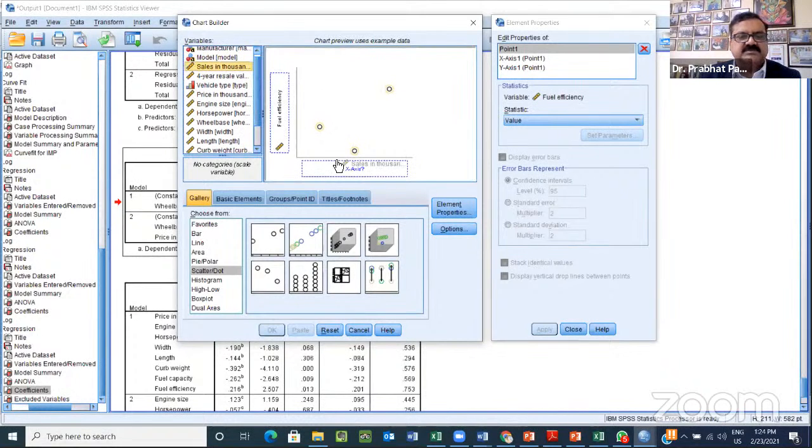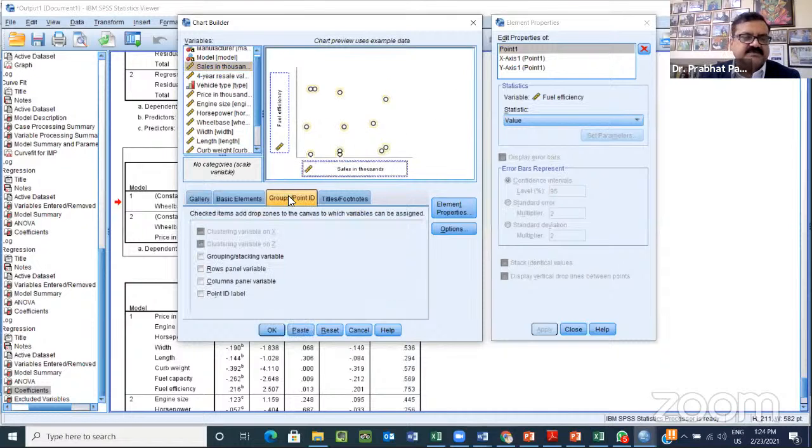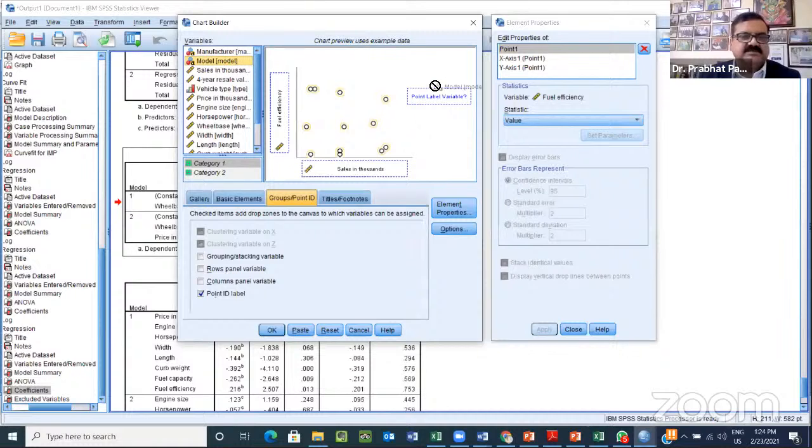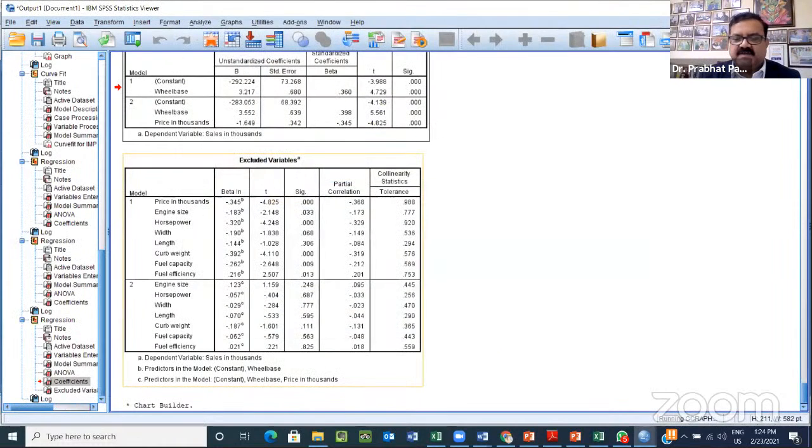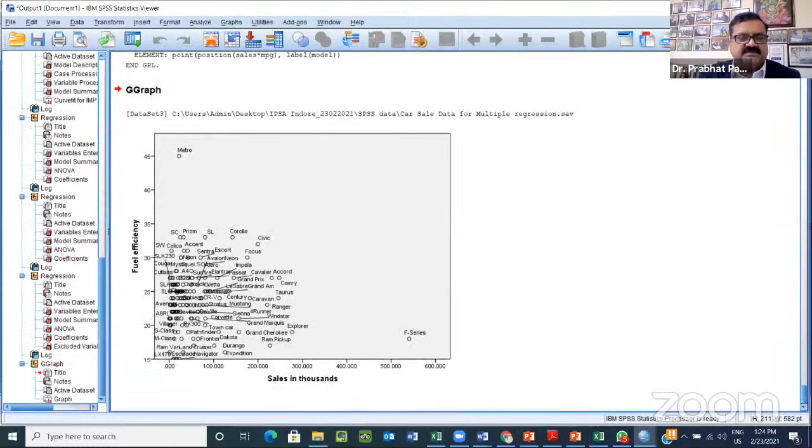We want to take this factor because fuel efficiency is very important. We also would like the cars to be displayed there so that we can understand the graph well. So we have this scenario over here.